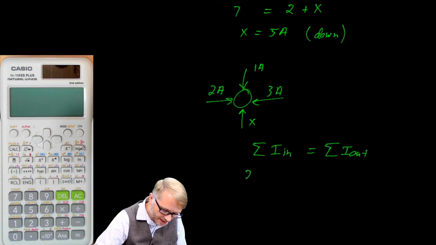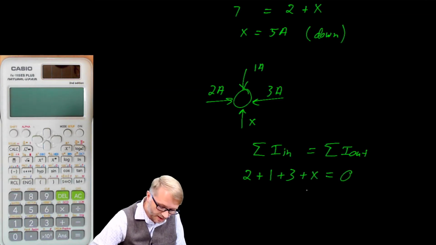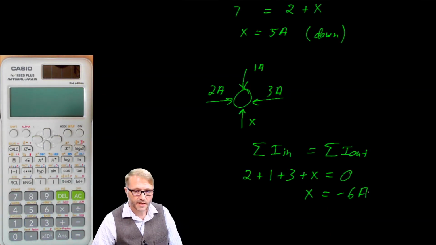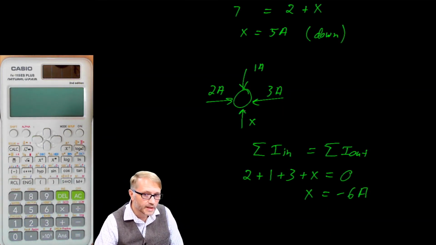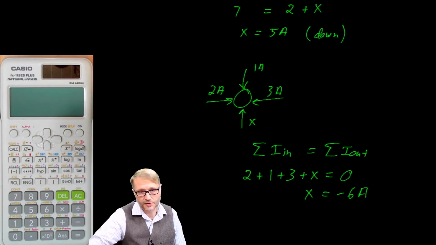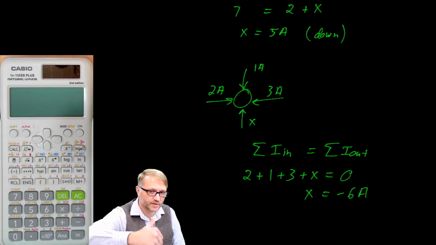In this case, we have 2 plus 1 plus 3 plus X all going in, which means X in this case is negative 6 amperes, which is kind of interesting because that means it's negative 6 amps flowing in, or another way of saying that is it's 6 amps flowing out.